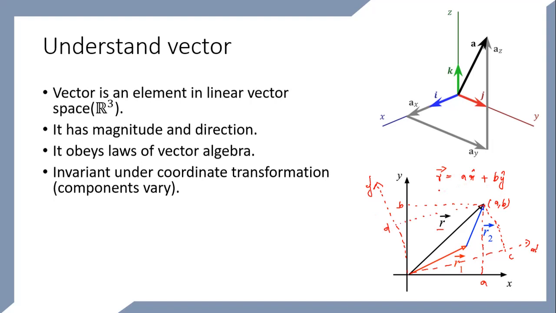Therefore the vector r can be written as c x dash cap plus d y dash cap. So what actually changed is just the components of the vector, from a, b to c and d, and nothing about the vector has changed. The vector has always been the same.